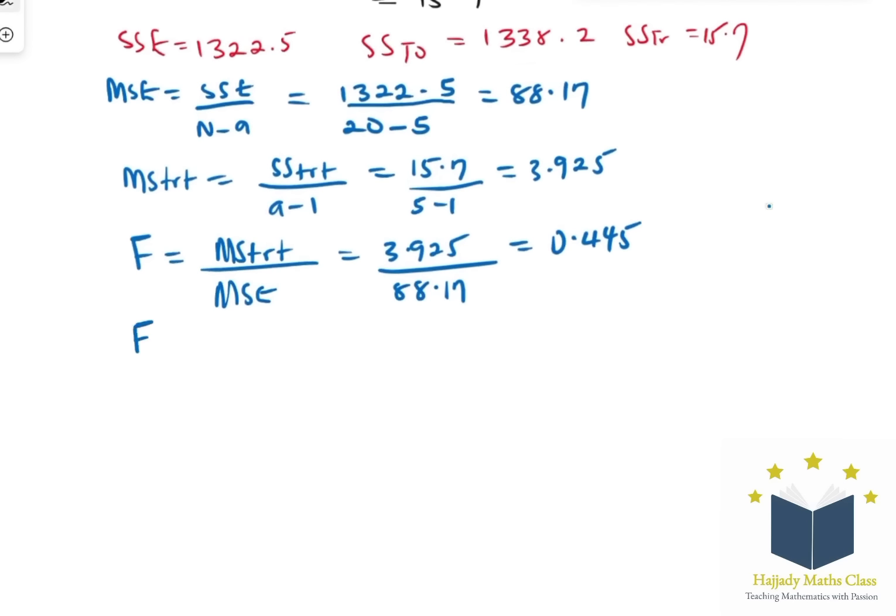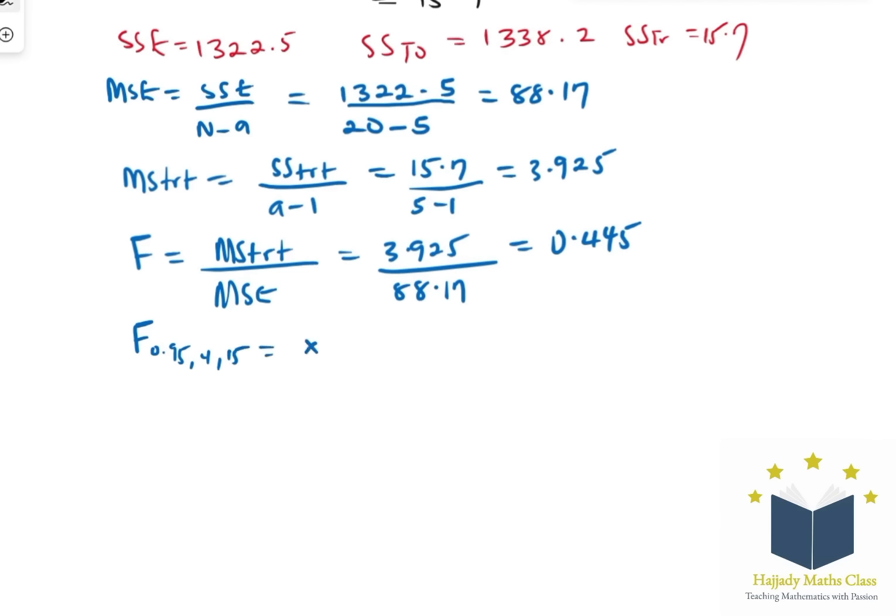So using your calculator, you can check your F table. If you want to check your F table, you're going to use F at 0.05, which is 0.95, comma the degree of freedom of treatment, which is 4, comma the degree of freedom of error, which is 15.